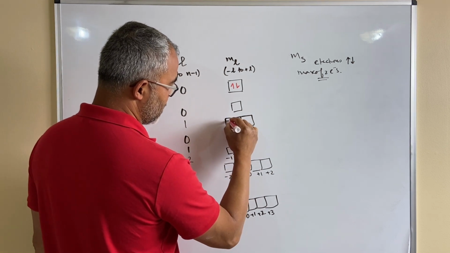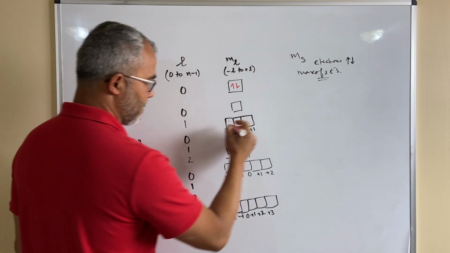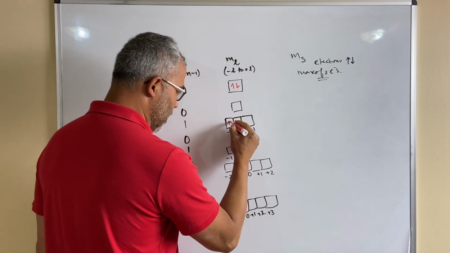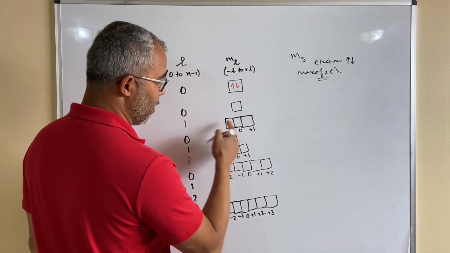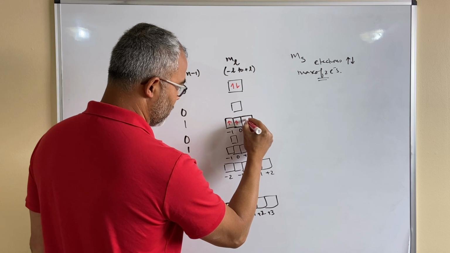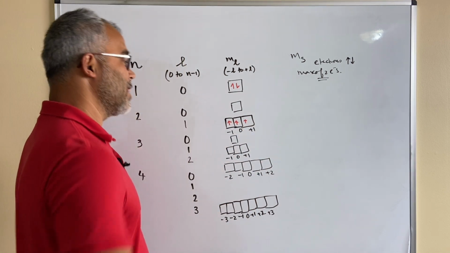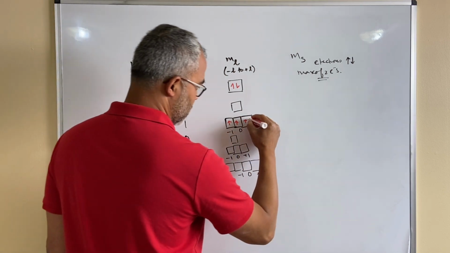If you look at this, now here's something interesting. When you fill up electrons in these boxes, you fill them up half first, and then you fill them up full.